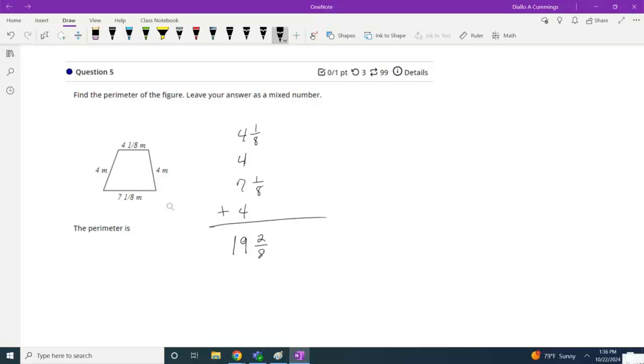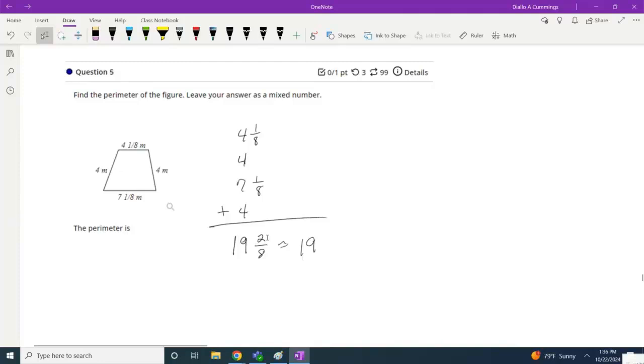Now, whenever you write out a fraction, it has to be in lowest terms. So I'm going to bring over my 19. I can reduce 2 and 8 by 2.